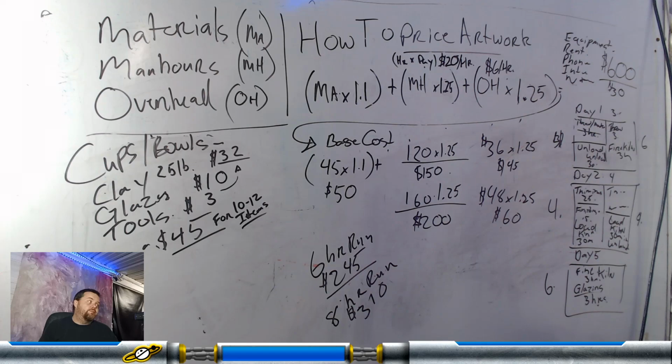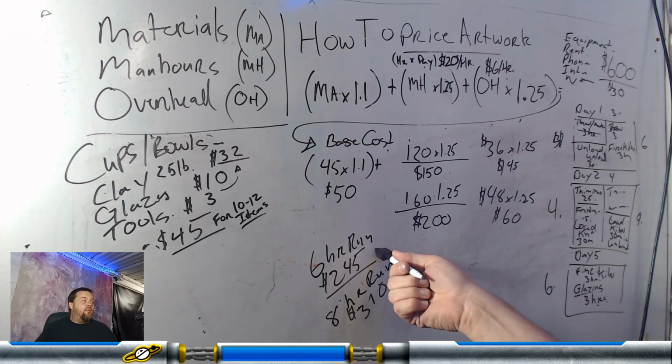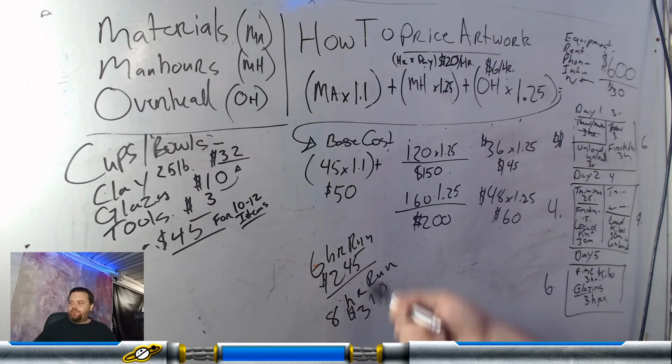Now, which one do you think is a little bit more of an equal cost? I mean, I think if I was going to do a whole bunch of run, have my booth set up, or producing work for another place, that one would probably be the one I would be going for.